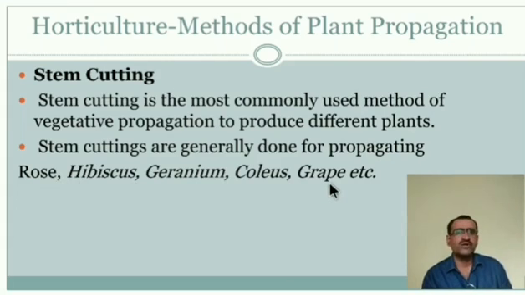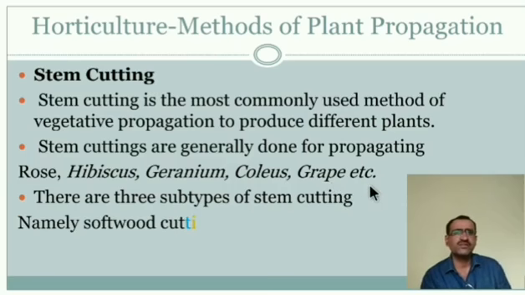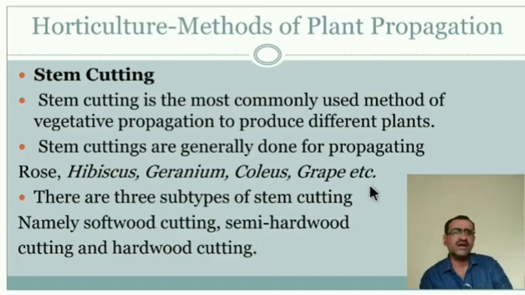A small part of the stem can be cut, and from that plant part a different plant can be grown. There are three subtypes of stem cutting, namely softwood cutting, semi-hardwood cutting, and the third one is hardwood cutting.